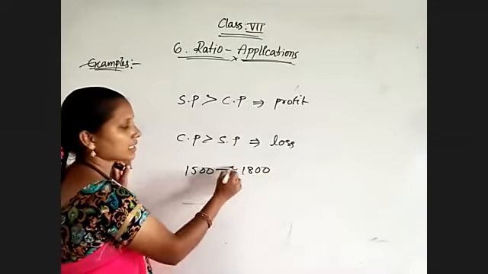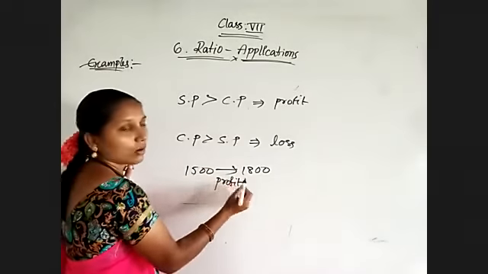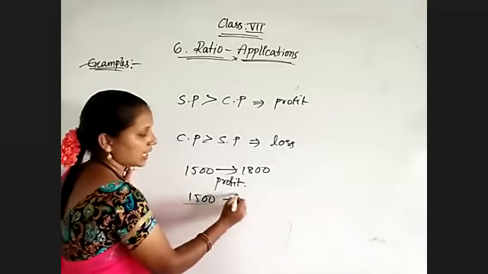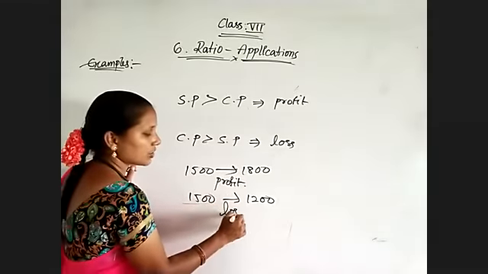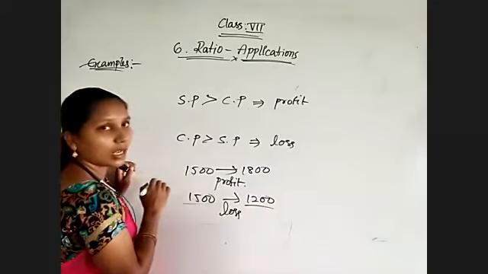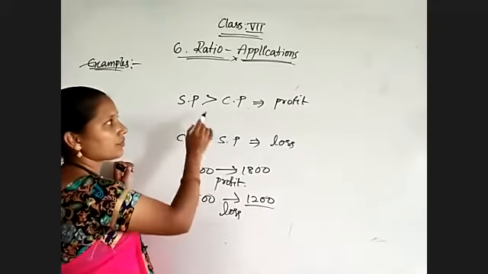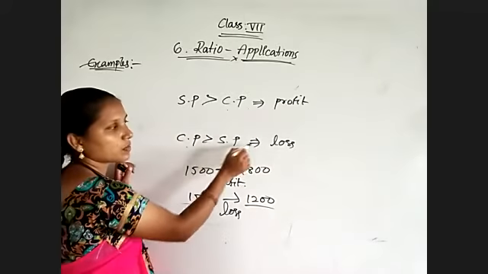Then you are getting an extra amount, that is profit. Suppose you bought an item for 1500 rupees and you sold it for 1200 rupees only, then you are getting loss because you are getting less than whatever you spent on it. Yes or no? So remember this: if SP is more than CP, we are getting profit, and if CP is more than SP, we are getting loss.